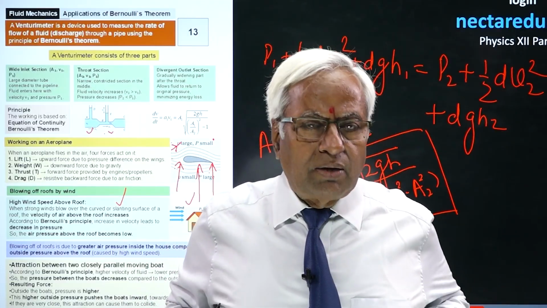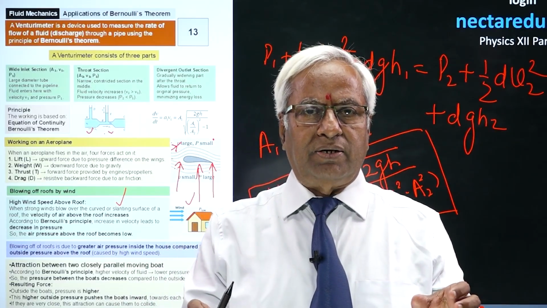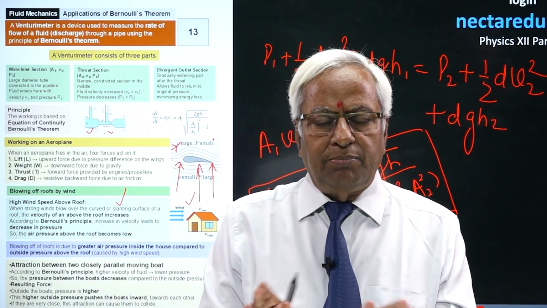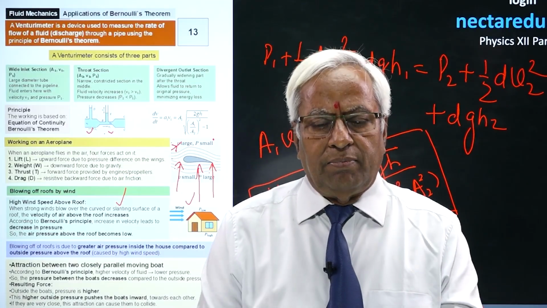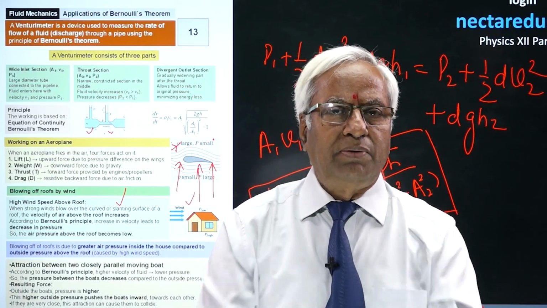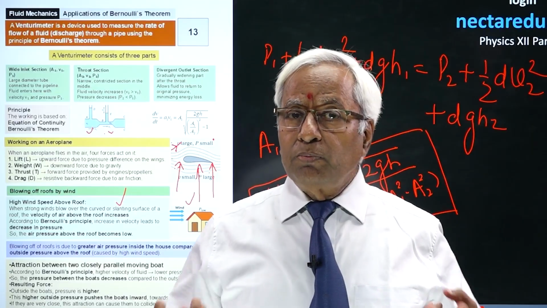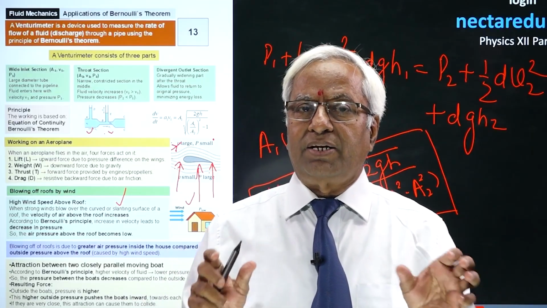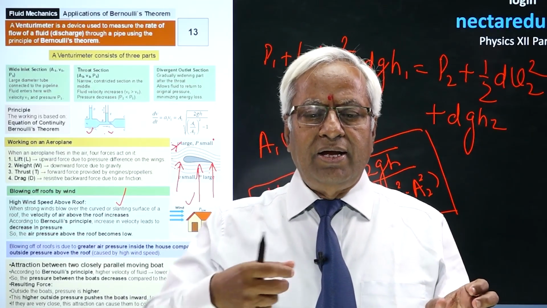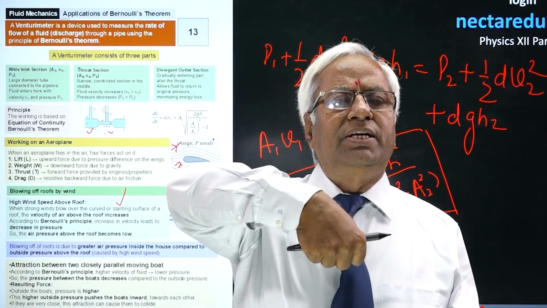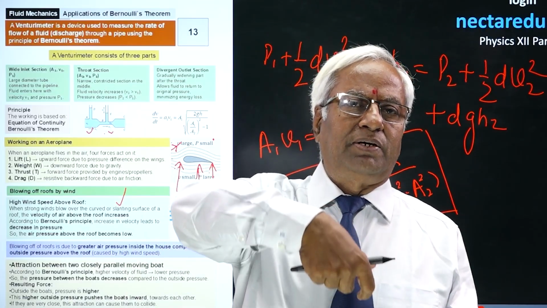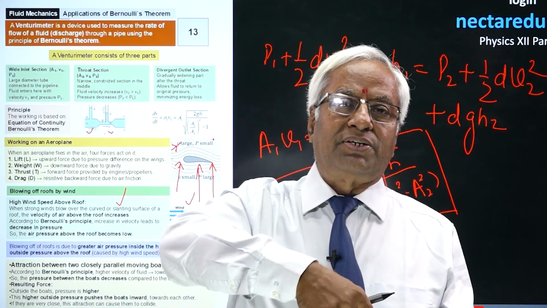When the buses are moving in the same direction, in between them, the air beside them will also have motion in the same direction. And because both the velocities are in the same direction between the two buses, that velocity will increase and obviously the pressure will decrease. You see, it's very interesting.